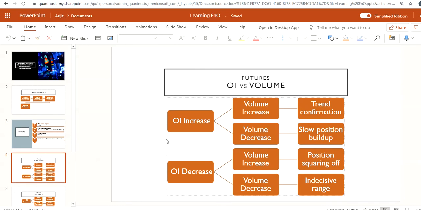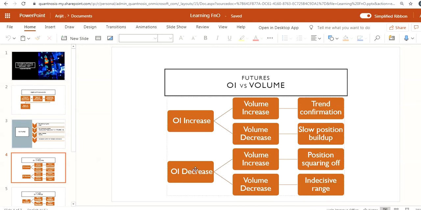On the next segment, speaking about open interest versus volume of the future. If there is an increase in open interest and an increase in volume at the same time, it confirms the current trend. If there is an increase in open interest and a decrease in volume, it says a position is being built up, either on the buy or sell side, but the build up is slow.